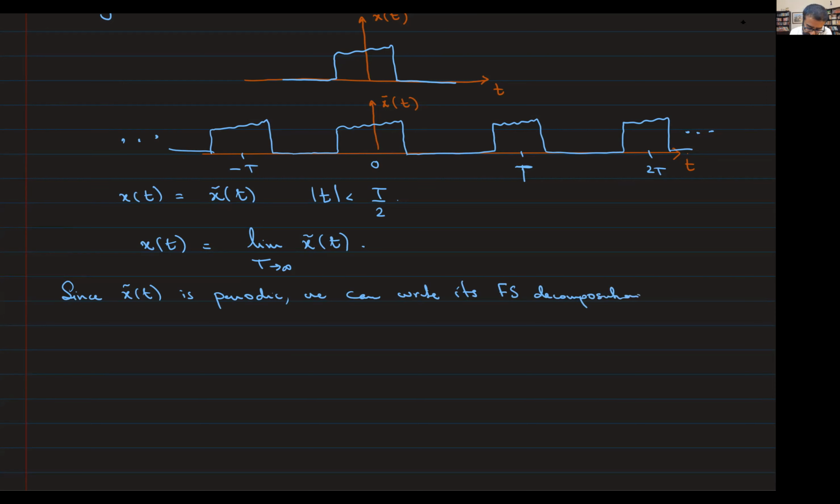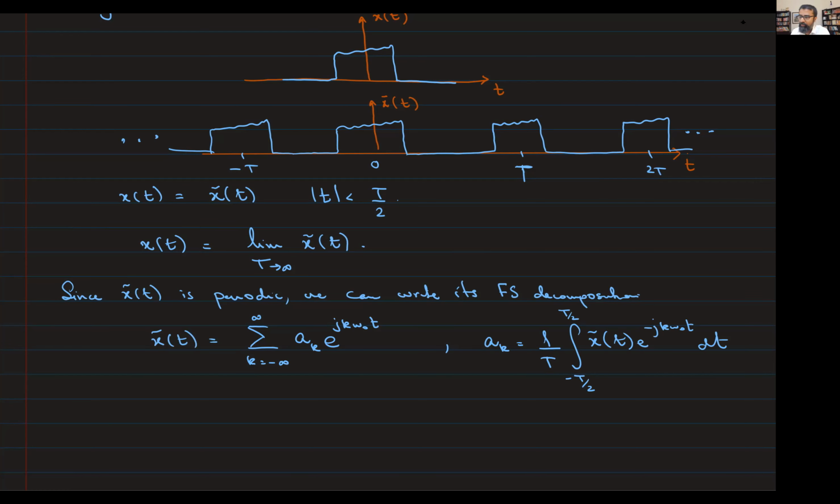What are those? Those are that x of t, or rather x tilde of t, is equal to the summation k going from minus infinity to plus infinity of a sub k e raised to power j k omega naught t, where a k is equal to 1 upon T integral from minus T by 2 to plus T by 2, x tilde of t e raised to power minus j k omega naught t dt.